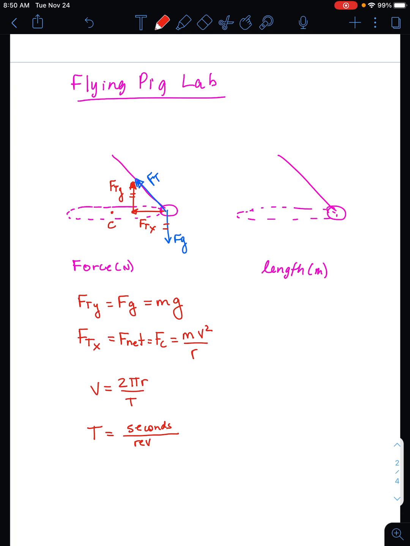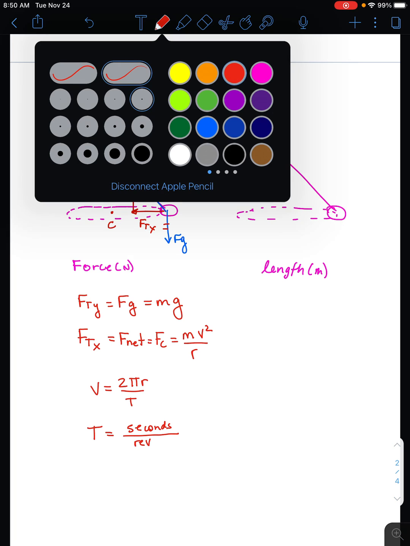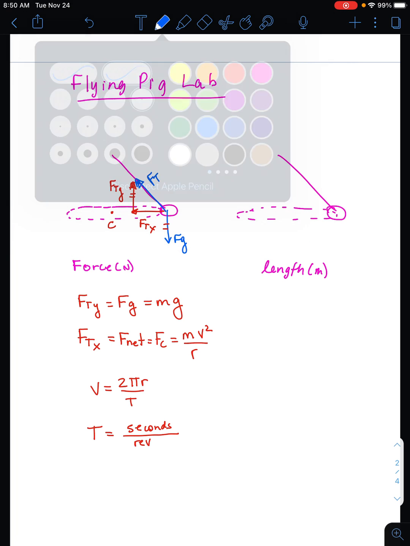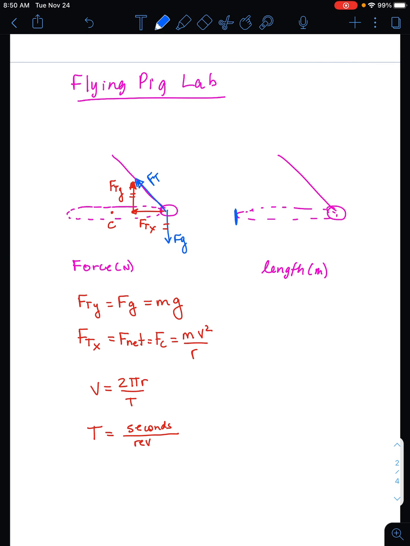But to find the radius of the circle, let's go back over to this other picture. To find the radius, you took a length measurement. You measured this value right here from end to end, which would be labeled as the diameter of the circle.